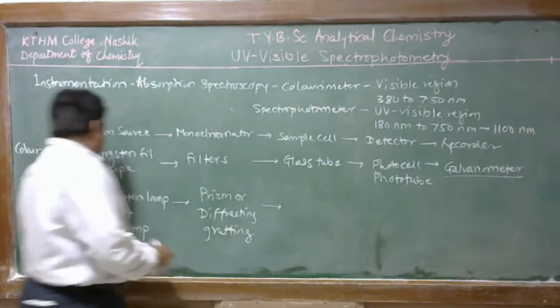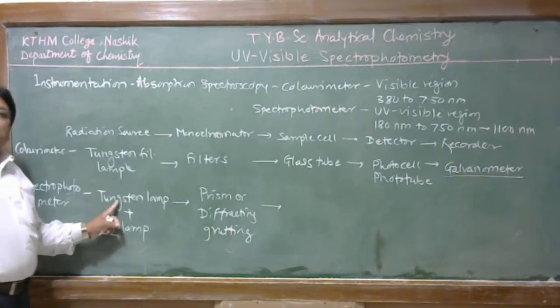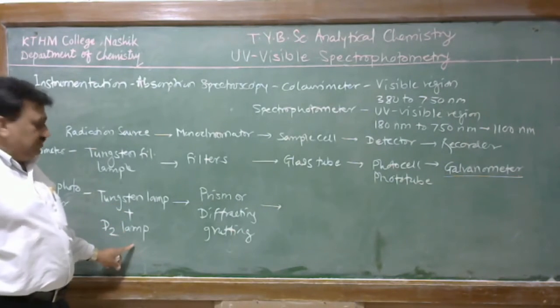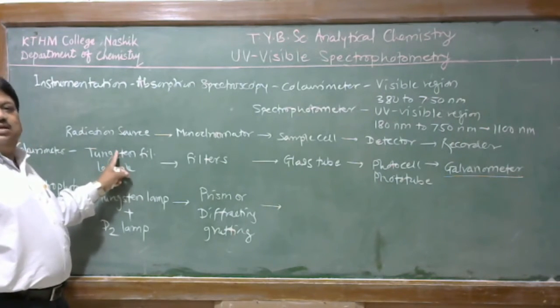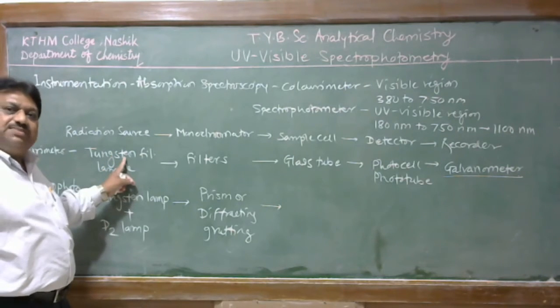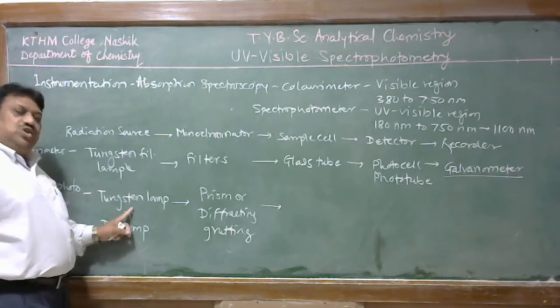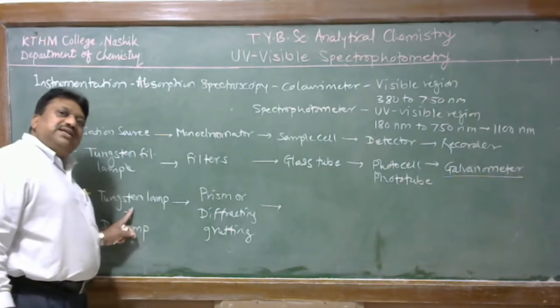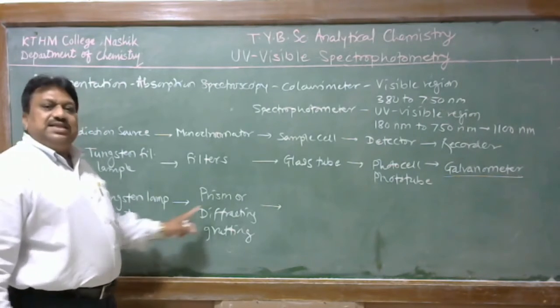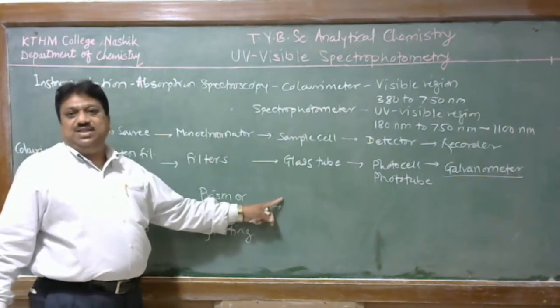Here spectrophotometry works in the visible and ultraviolet region, while colorimetry works only in the visible region. Therefore, in order to carry out the measurement in the ultraviolet region, glass is not allowed as a sample cell.